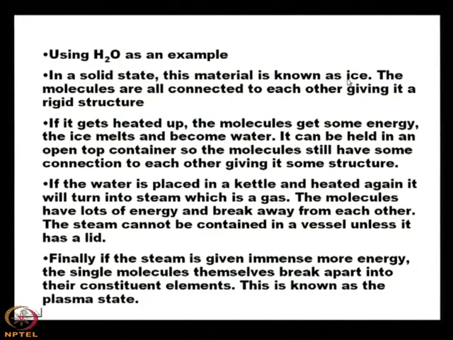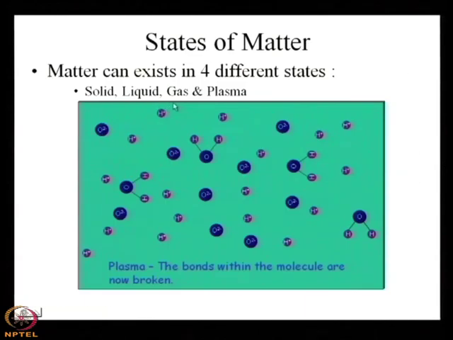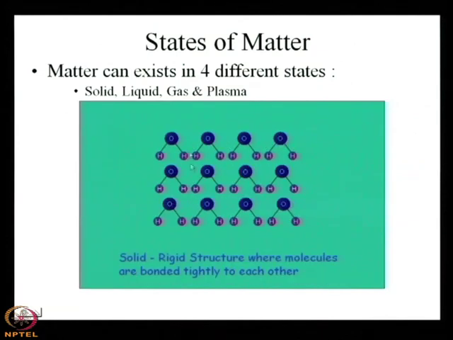Which material? Water. The molecules are all connected to each other, giving it a rigid structure, where the molecules are bonded tightly to each other. This is the oxygen atom and these are 2 hydrogen, H2O. It is a rigid, closely packed structure.